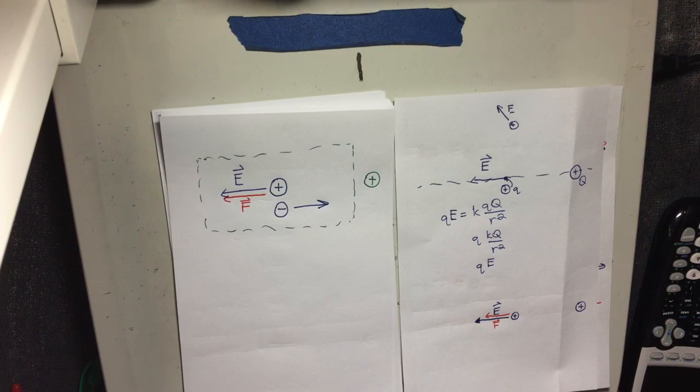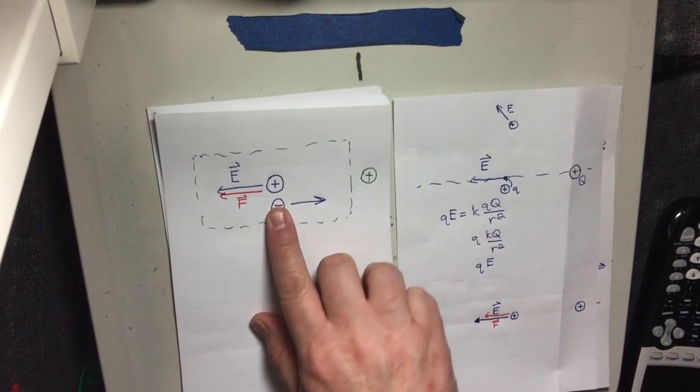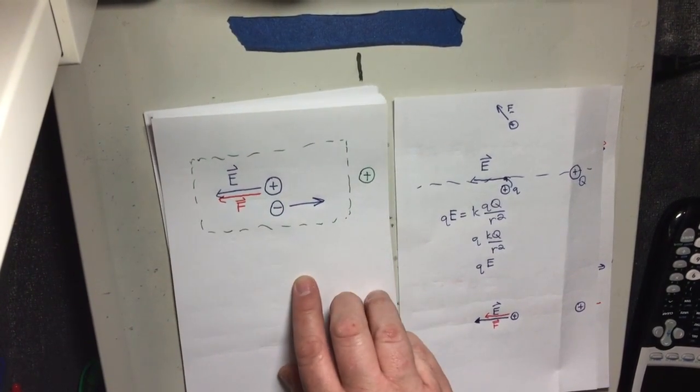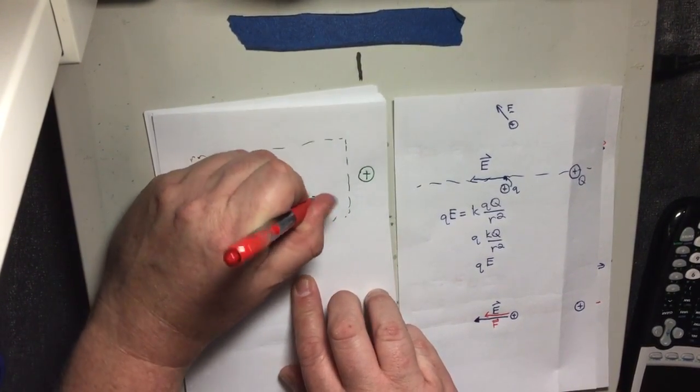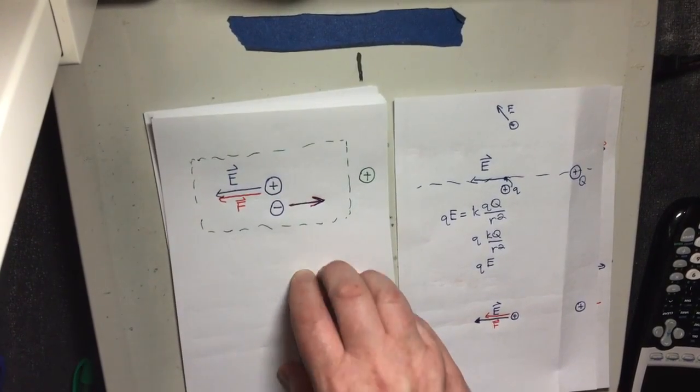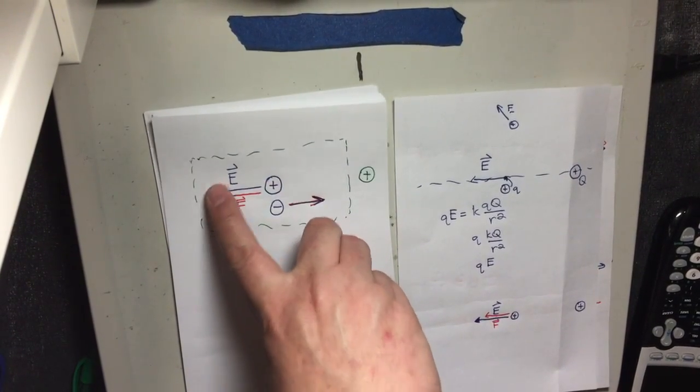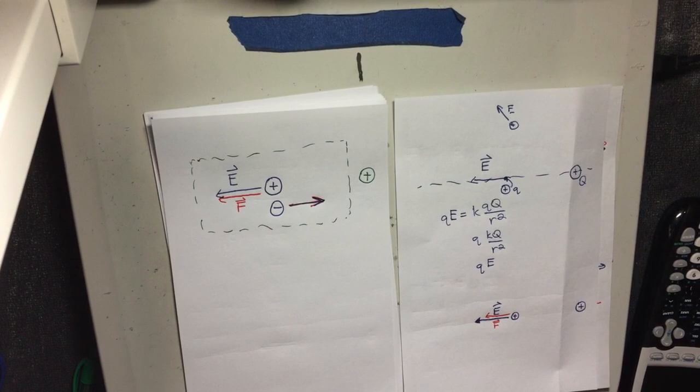If I give you the E field, you don't really need to know anything about the source charge that created it. You know that negative charges move in the opposite direction and positive charges move in the direction of the field.